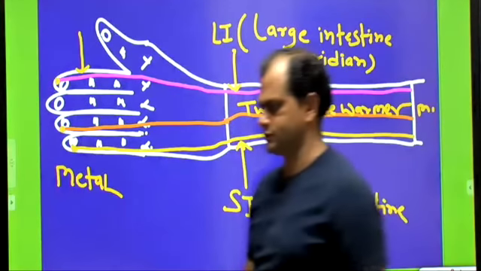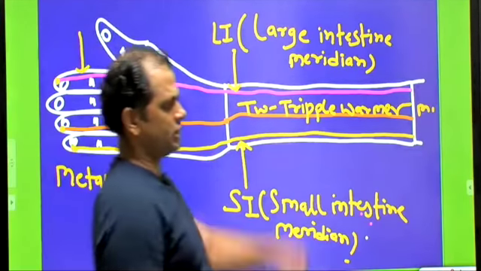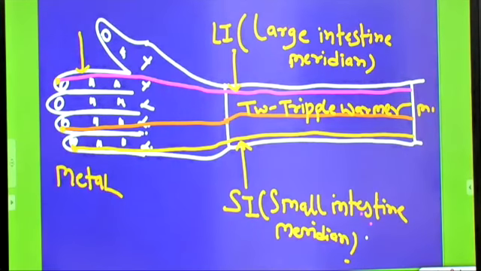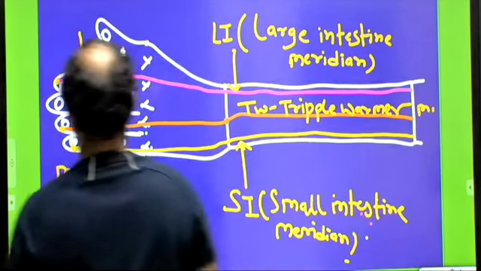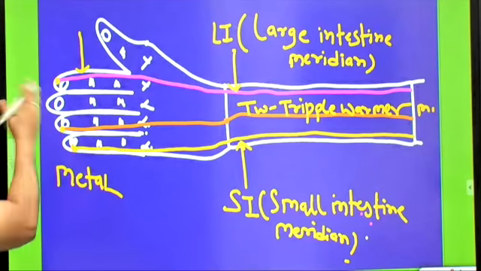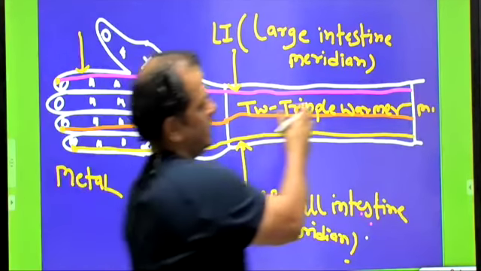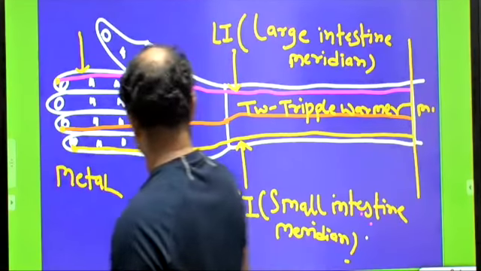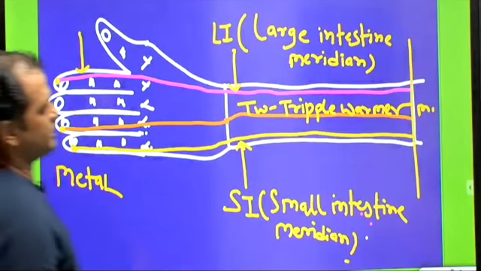Always remember this. Whether you talk about the large intestine, the small intestine, or the triple warmer meridian, the first point will be metal. And we have to complete the 5 element cycle by the elbow, because on the elbow we always complete the 5 element cycle.